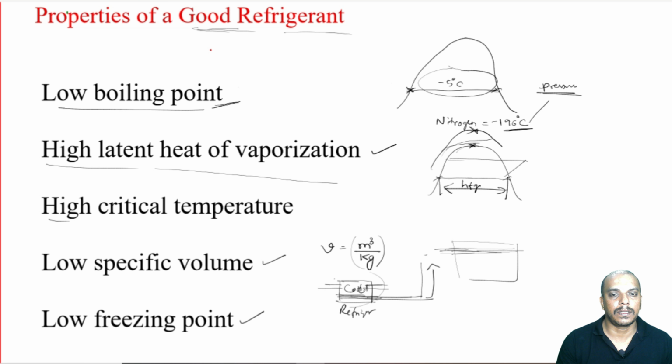So, instead of using the refrigerant directly in a place where it is needed, we cool the water, and that cold water is circulated in a place where we want the cooling. In this case we cannot have cooling less than 0 degrees Celsius, because water will be frozen at 0 degrees Celsius. All you can operate at is plus 1 or 2 degrees Celsius at least, because water itself gets frozen below 0 degrees Celsius. So, similarly, a low freezing point of refrigerant is desired because it should not get frozen, all right.